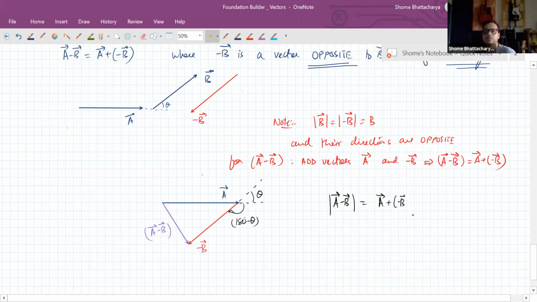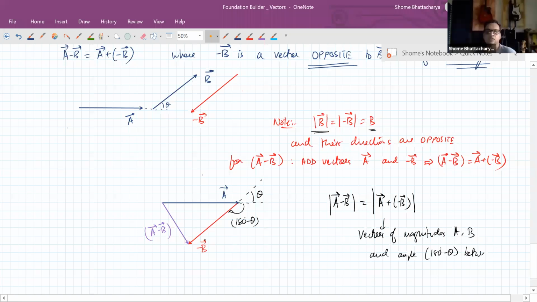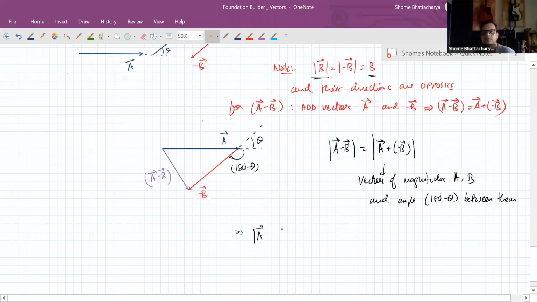So these are vectors of magnitude capital A and capital B, and angle 180 minus theta between them. The angle between them is not theta, the angle between them is 180 minus theta. So you just apply your normal triangle law formula, but this time you replace the angle theta with 180 minus theta.